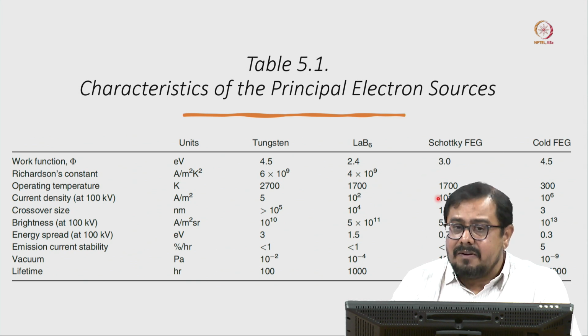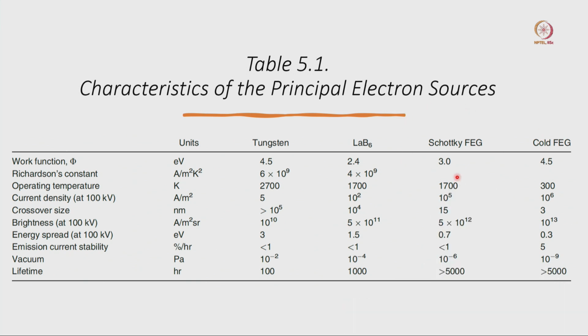So we need a very coherent electron beam. That is the reason for cryo-electron microscopy we mainly use the Schottky filament or cold FEG.